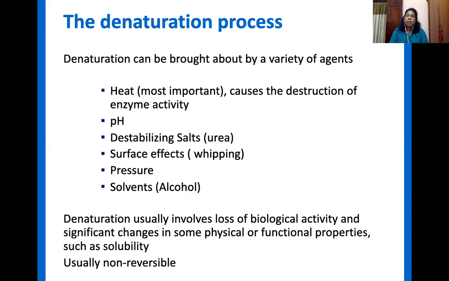However, as the amino acids are not changed, and our body needs amino acids, even once we consume such a protein, we can get enough nutrients, right? It is not changed. Therefore, denaturation usually involves loss of biological activity and significant changes in some physical and functional properties, such as solubility, right?